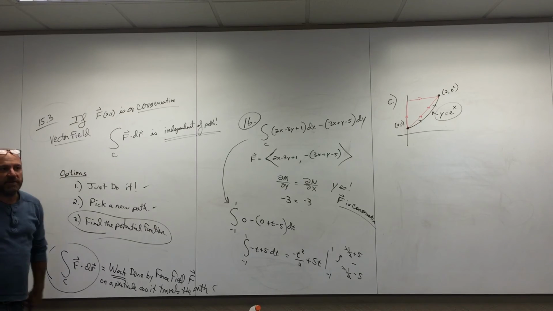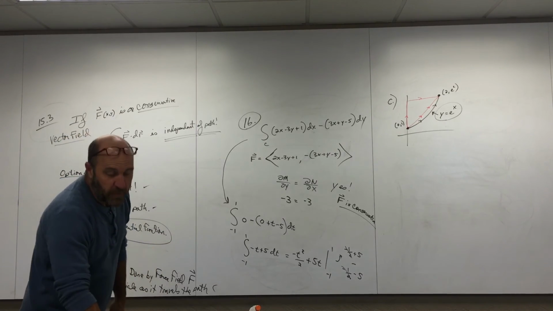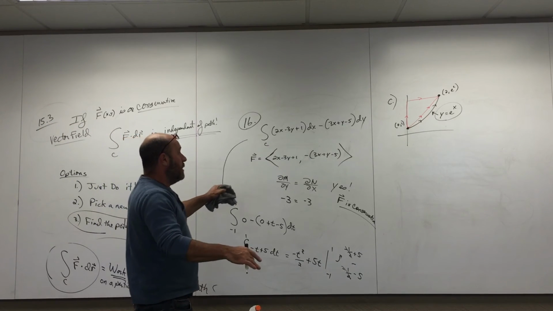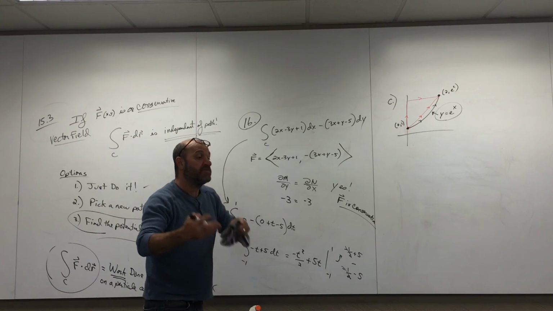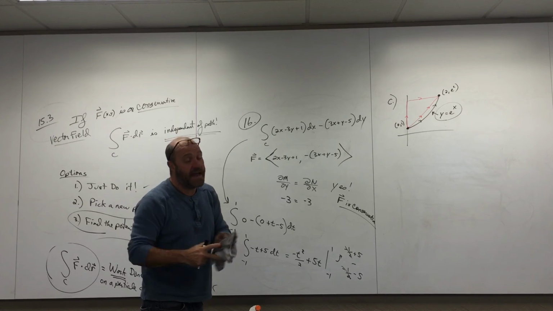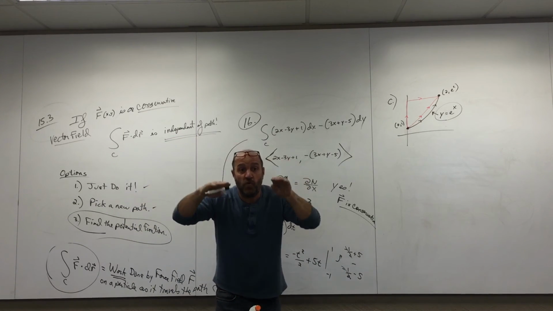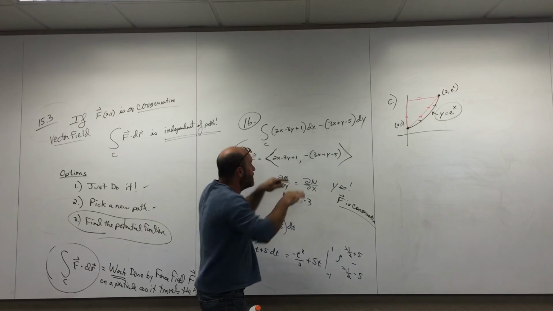All right, so that means I need the potential function. Now, that was practiced in 15.1. Let me remind you how to do that. The potential function comes from the conservative vector field. The idea was, if I have a potential function and took its gradient, it would be the vector field.